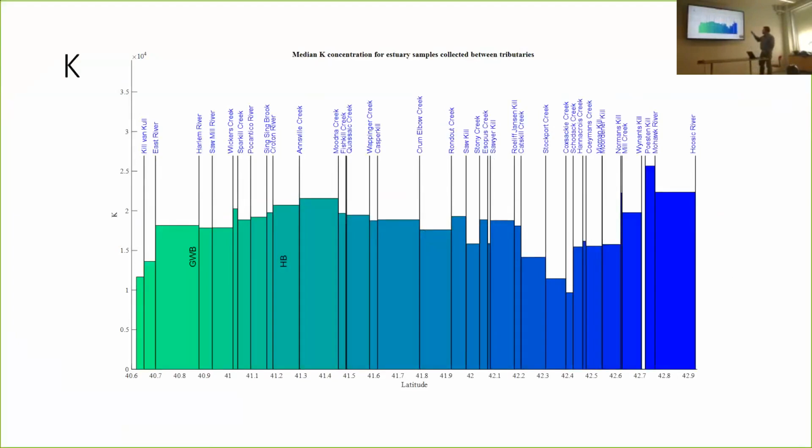We also, in some cases, have a whole lot more samples for a particular zone than others. As Frank mentioned, sometimes getting samples in the upper part can be difficult. So some of these have only a few, and so there's probably a little bit of uncertainty introduced there.